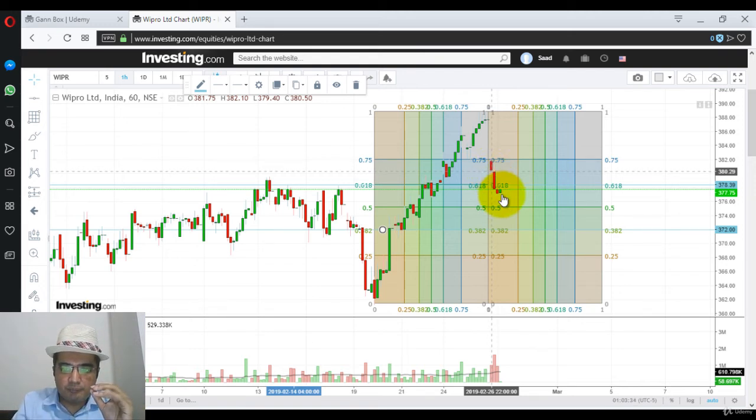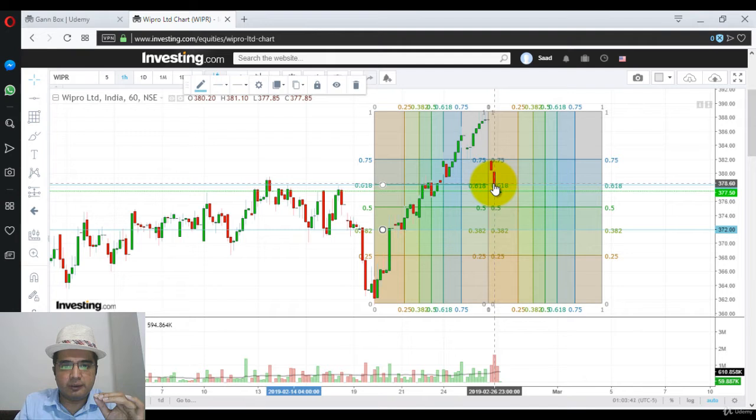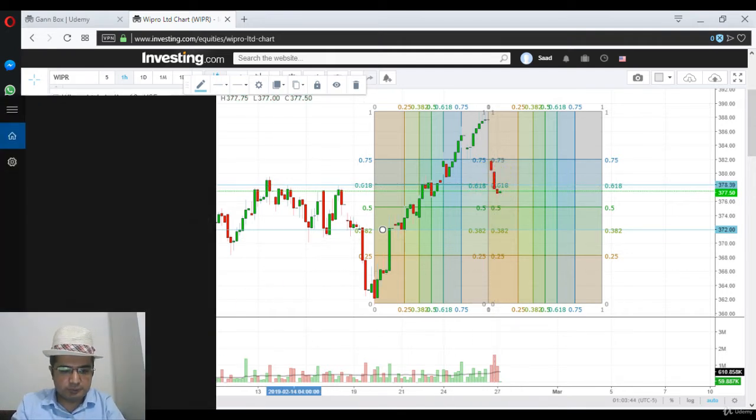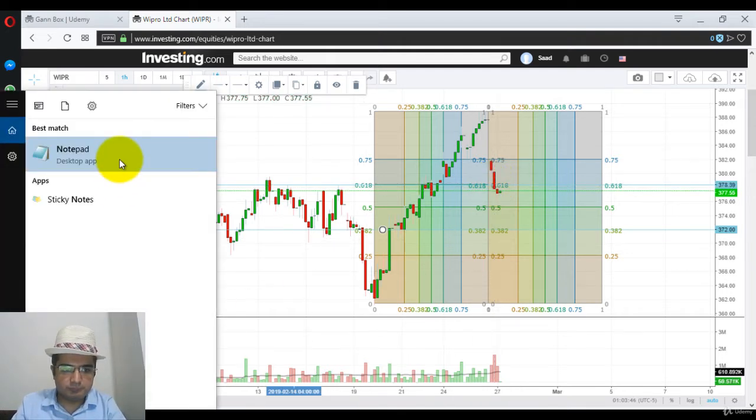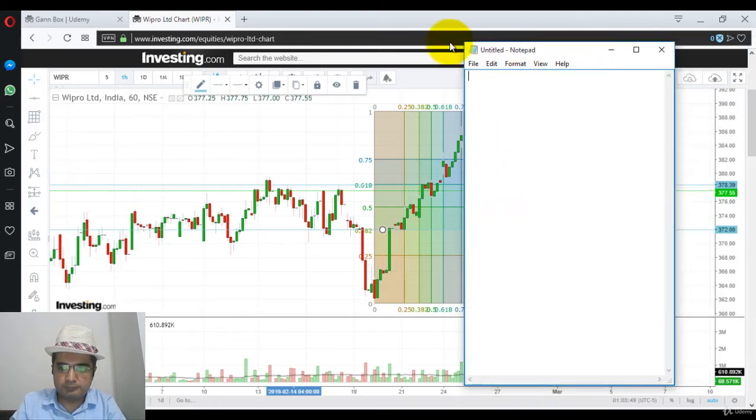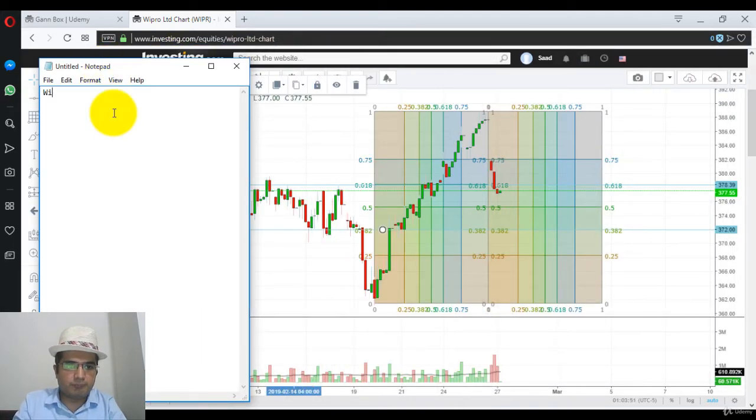Now, if you look closely, where can we place a stop loss? Because that's the number one important thing. Where can we place a stop loss? As we are considering short sell, buy, stop loss, and profit.